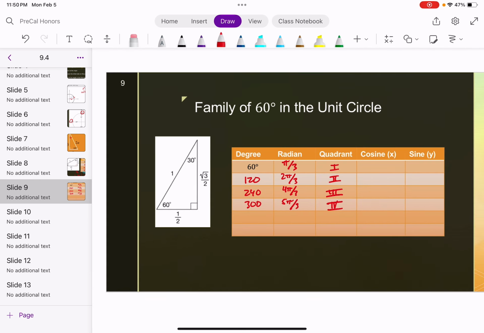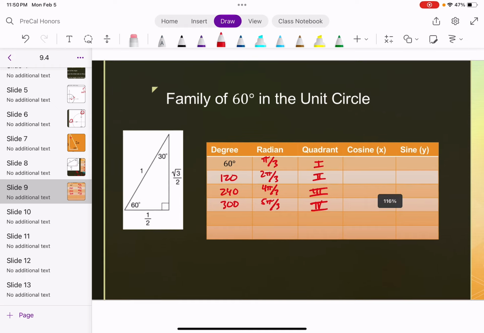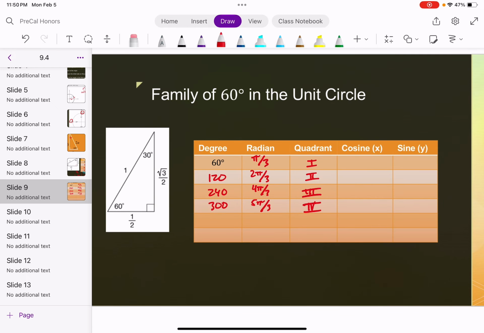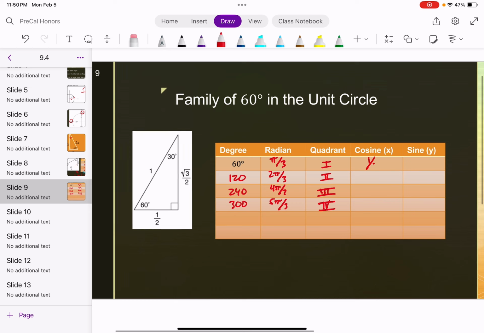Now, the position of these graphs do matter a decent amount. We're going to start off with our cosine, which in this case is going to be 1/2. Our sine would be the square root of 3 over 2. Keep in mind, these numbers are coming up from our x and our y values over here on the left-hand side.